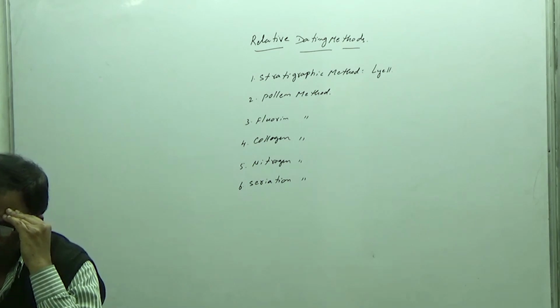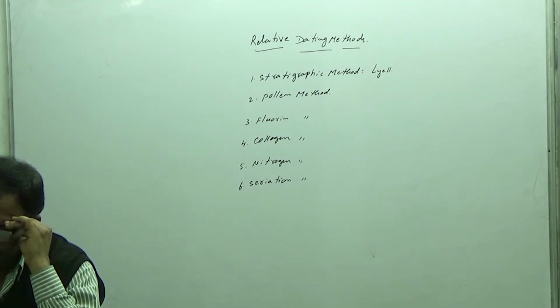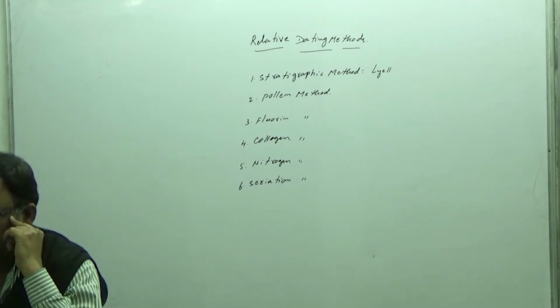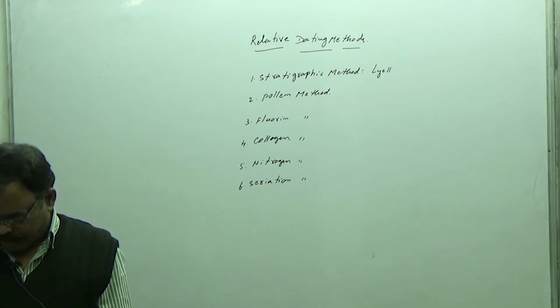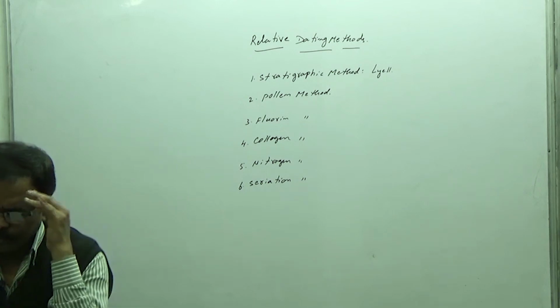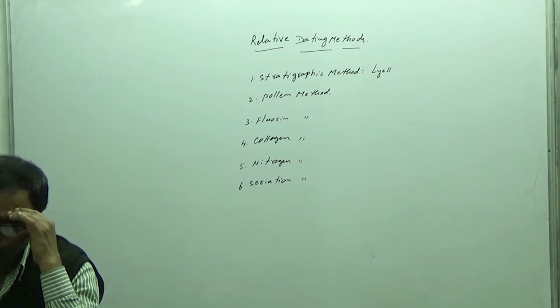They are comparative methods. These methods are useful to analyze the age of both fossils and artifacts or tools.